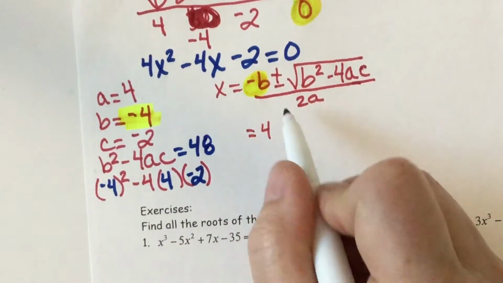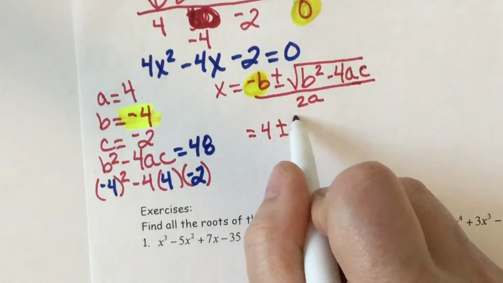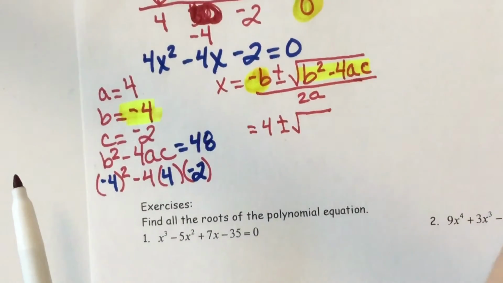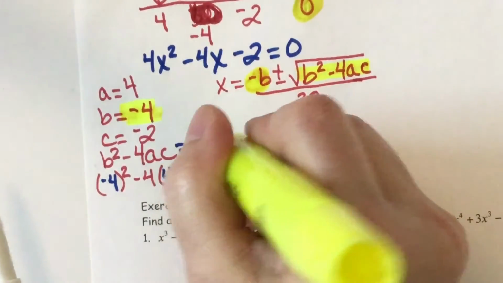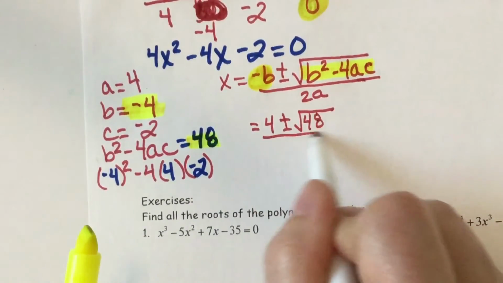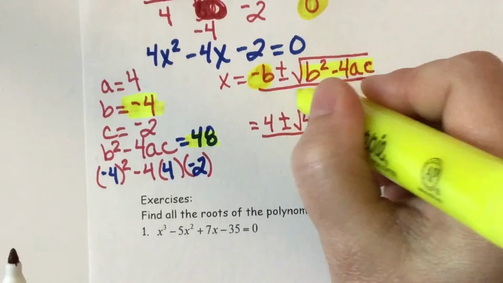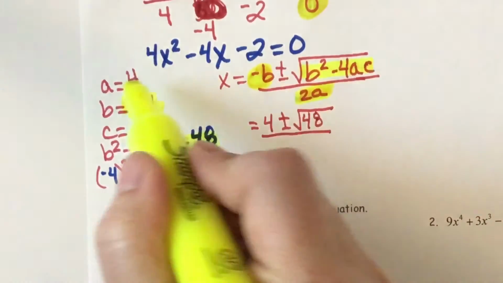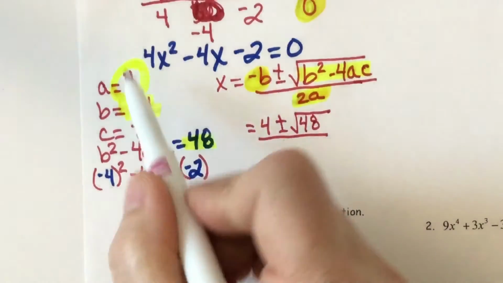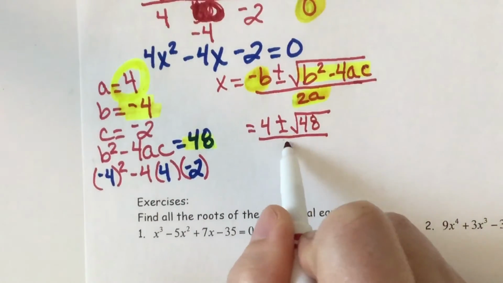A positive 4. Plus or minus square root. What did we just find our b squared minus 4ac to be? 48. And then all over 2a. So I want to take 2 times my a. So what do I get when I take 2 times my a? 8. 2 times 4 is 8.